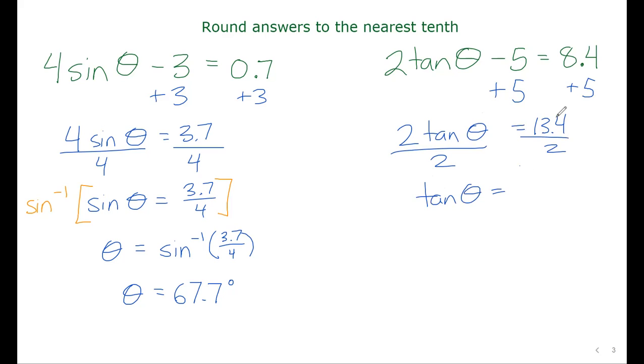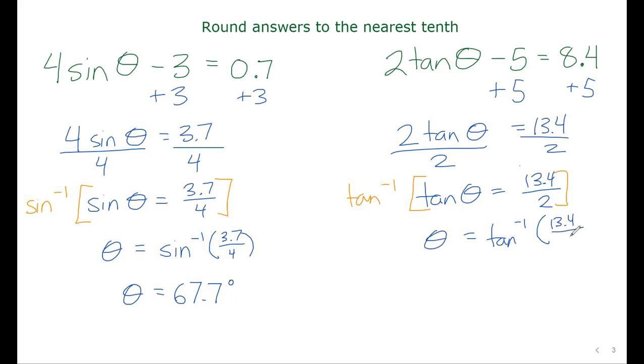And we could do 13.4 over 2, but you know, why? I'm just going to put it in the calculator anyway. We can do inverse tangent on both sides. So intermediate step. And I keep saying intermediate step because you don't totally need to write it down, but it can help, especially when you're just getting to know this stuff.